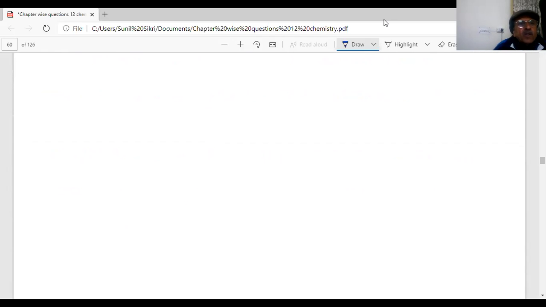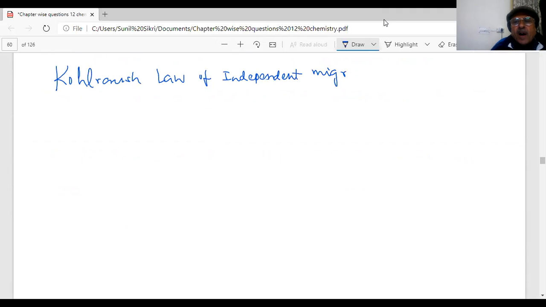What is Kohlrausch's law of independent migration of ions? This is important.